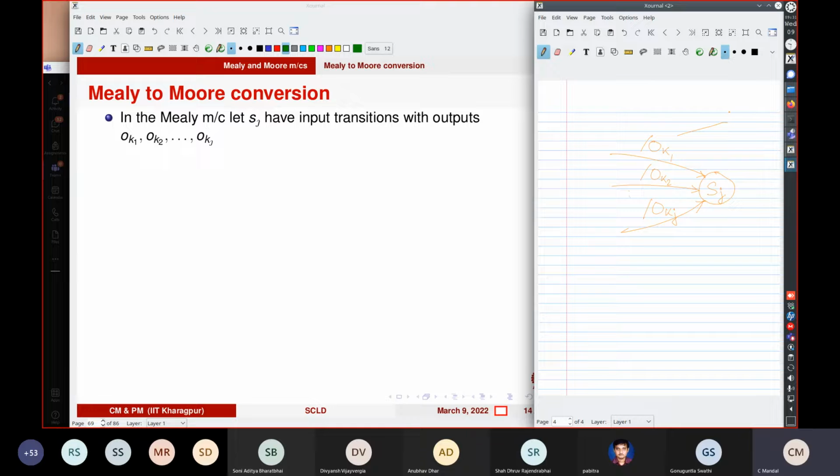These of course belong to delta, taken from your output alphabet.